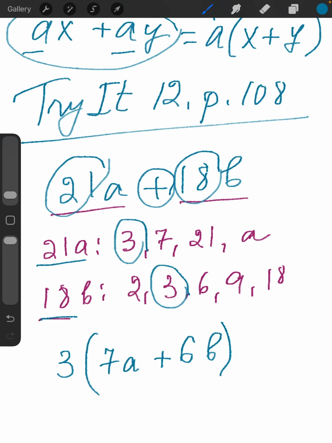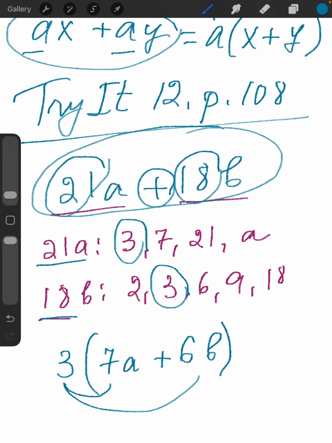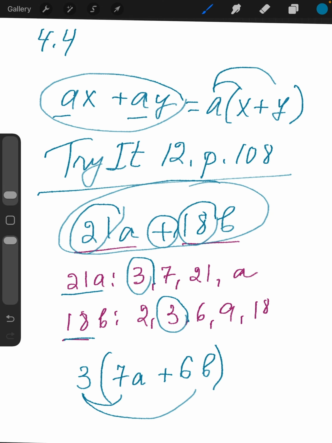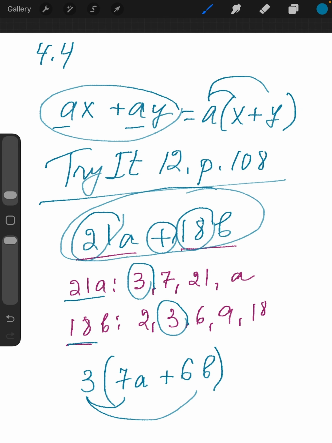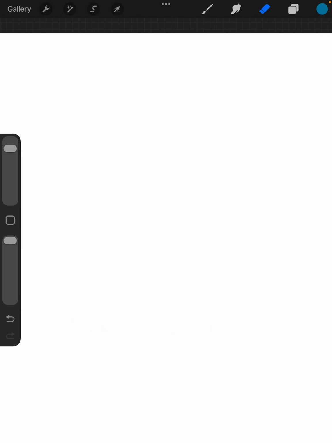Now, if you wondered what we just did, you can multiply 3 by 7a, you'll get 21a. Then you multiply 3 by 6b, and then you'll get 18b, coming back to this expression here, right? Okay. All right. So I hope that this is starting to make sense, and if it's not, it's no big deal.